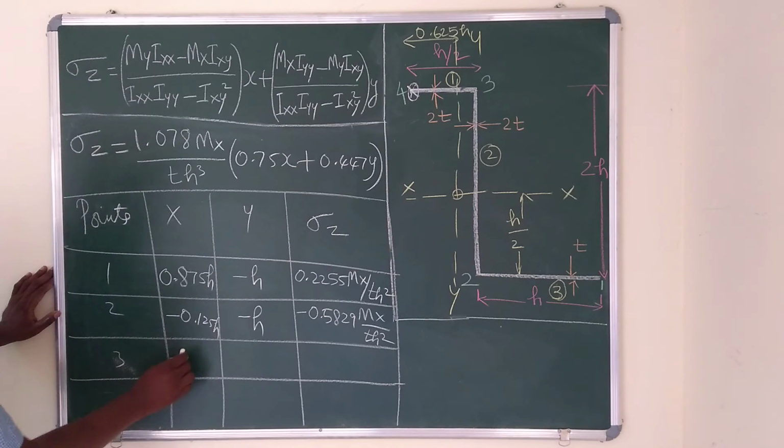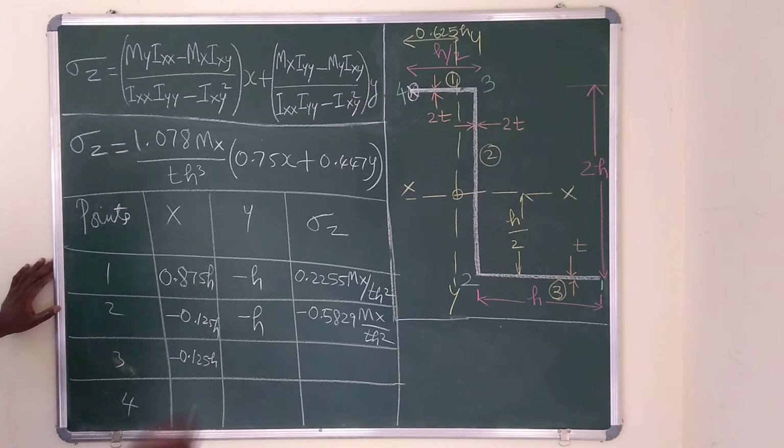Similarly, for point 3, x is minus 0.125h and the y value is h, because it is above the x axis.